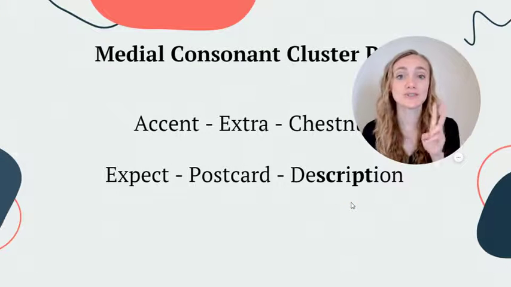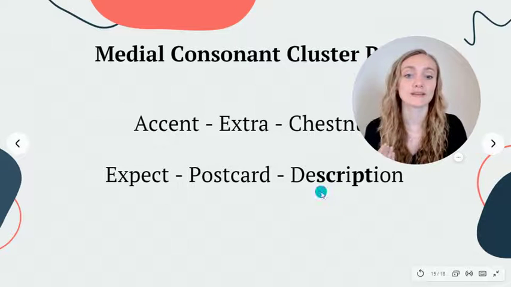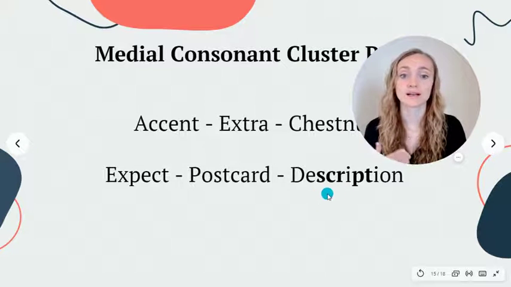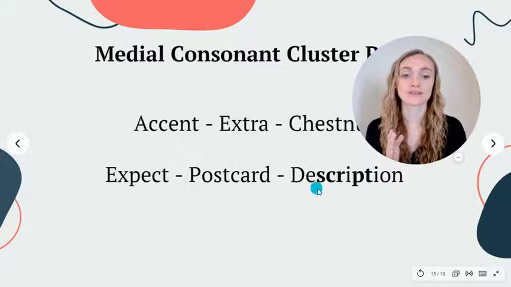Then we have the word description. So here we actually have two consonant groups that are in the middle of the word. We have the sk, r, sk, r. I said it weird there. Sk, r, skr, skr, and then push, pshun, description, description.